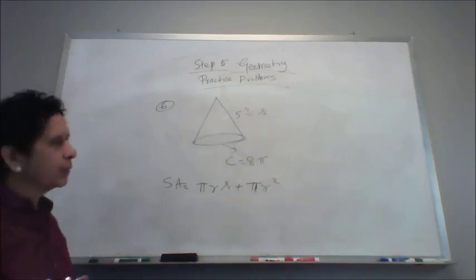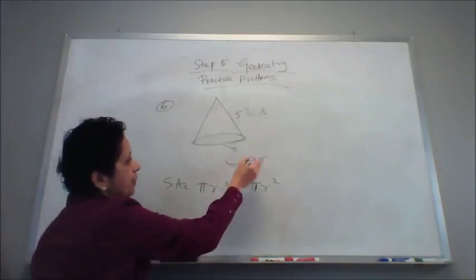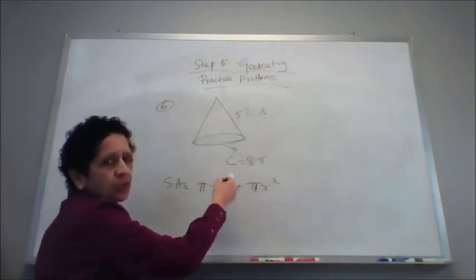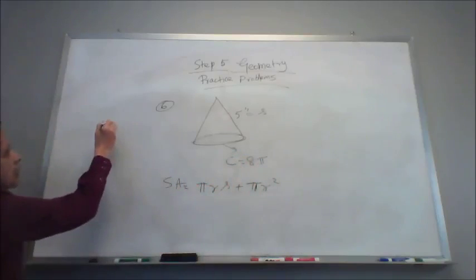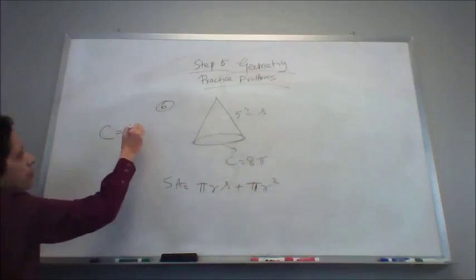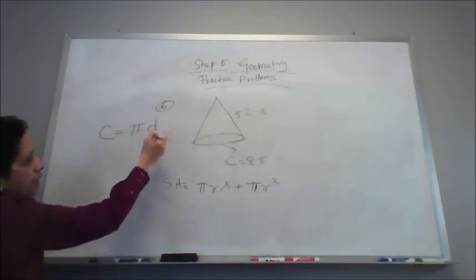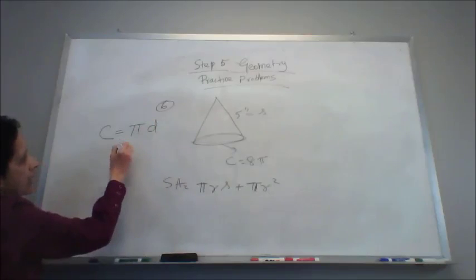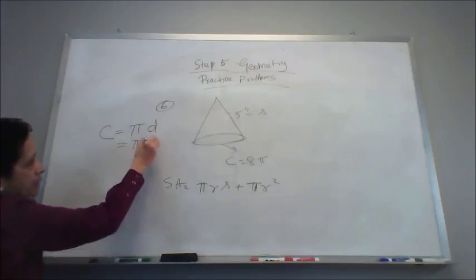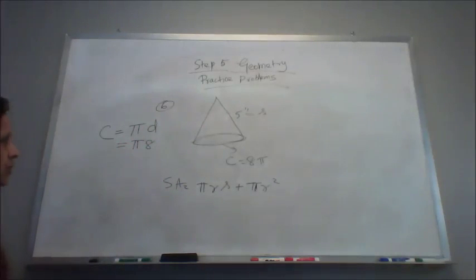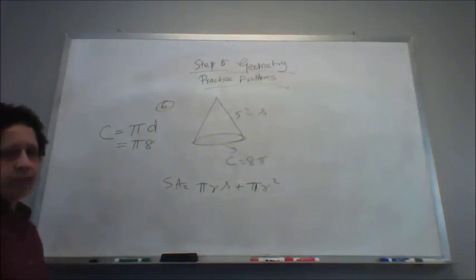So the radius, you need to know that. But in this problem, they have given only the circumference. The circumference of a circle, if you remember the formula, is pi d. In this, they have given the circumference to be 8 pi.